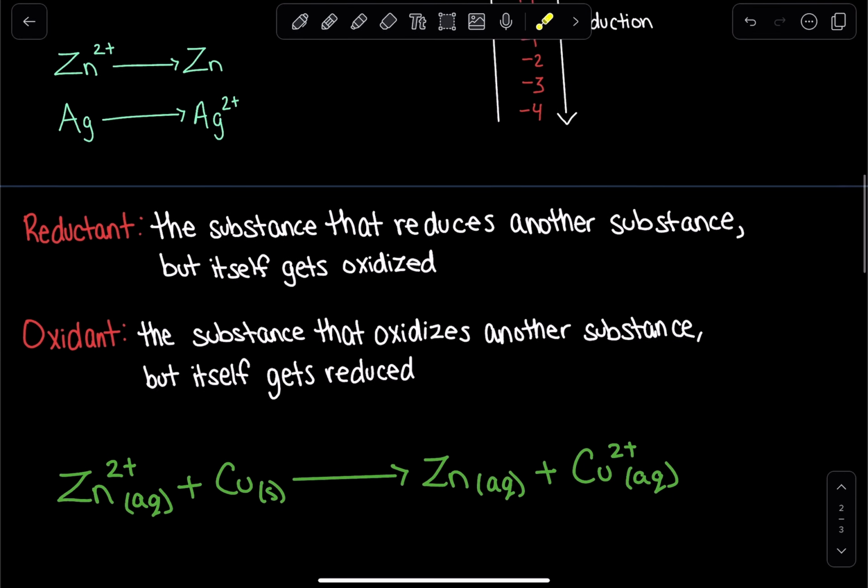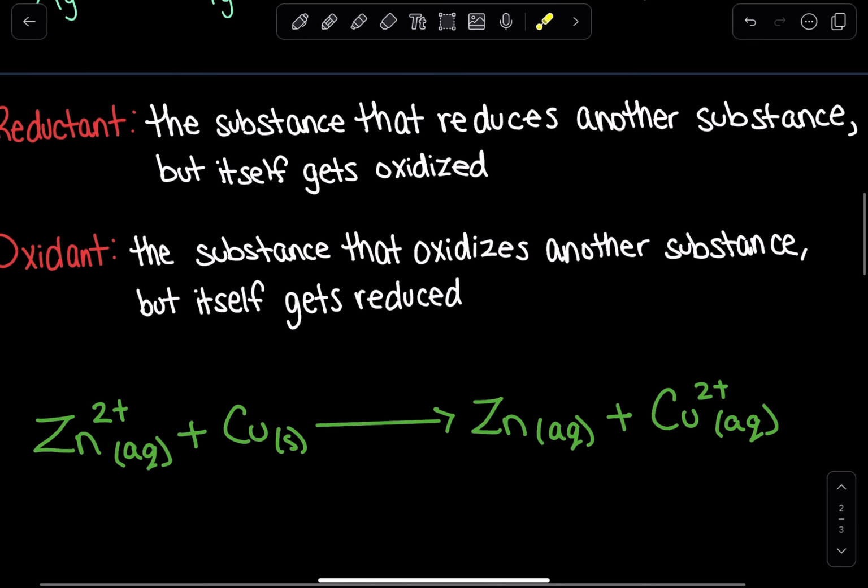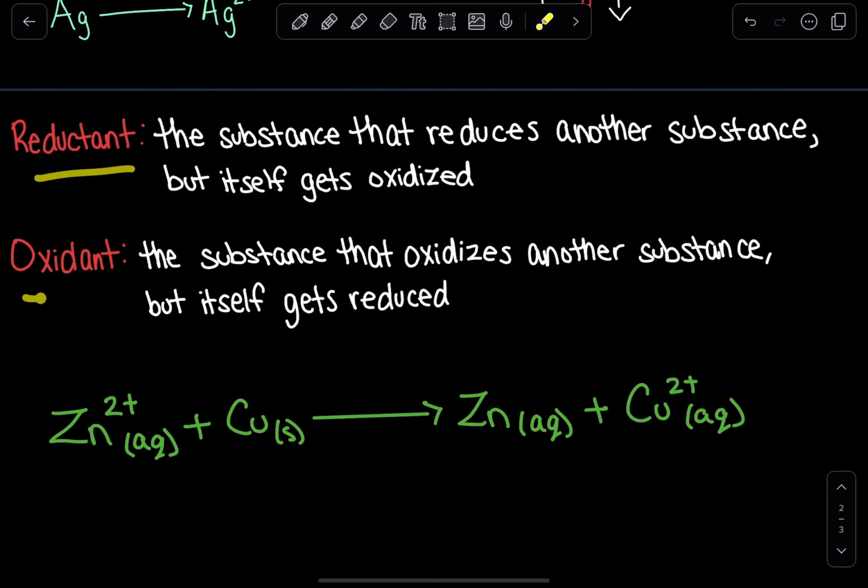Now, let's look at one more concept. And that concept is reductant versus oxidant. Now, this can be a little tricky, but it is super straightforward once we understand it. So a reductant is essentially the substance that reduces another substance, but itself gets oxidized.